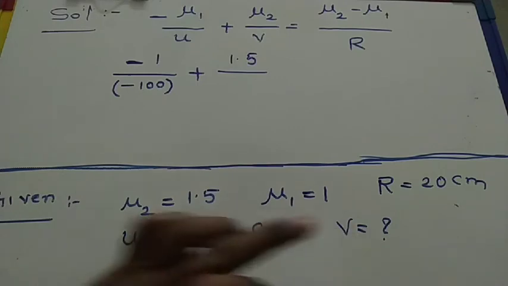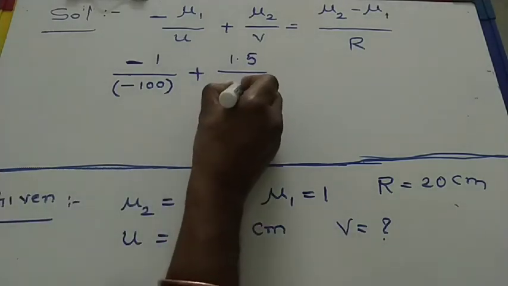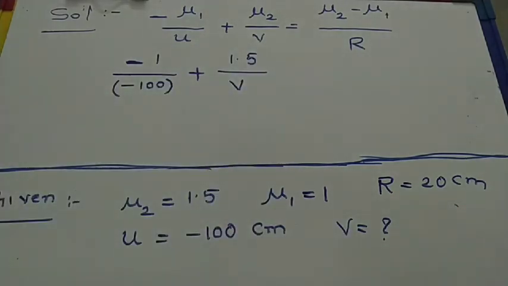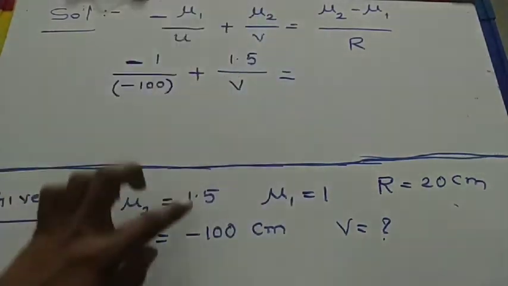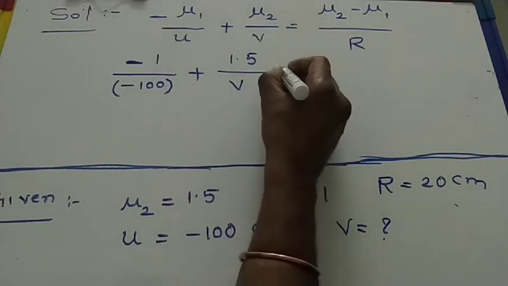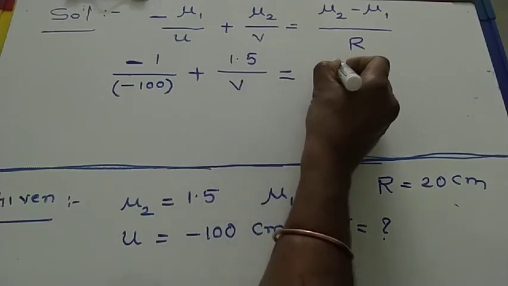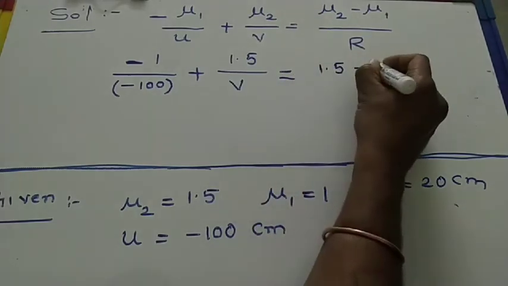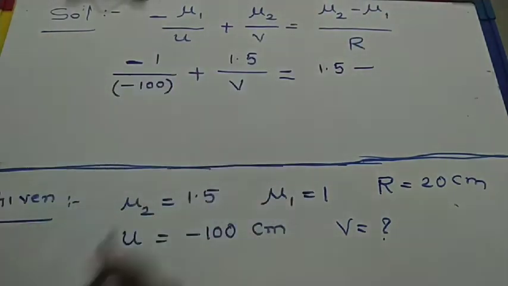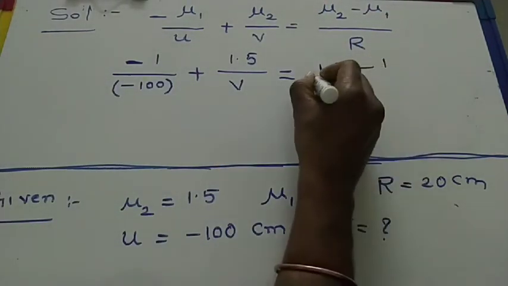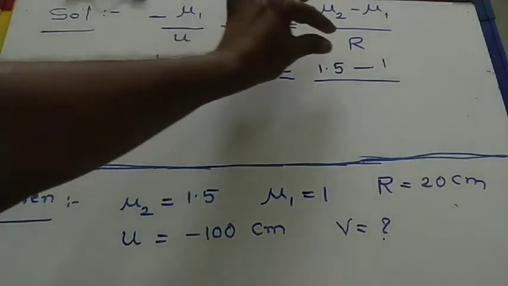That only we have to find. So v only, that is equal to what is mu2? 1.5 minus what is mu1? 1, whole by what is r?